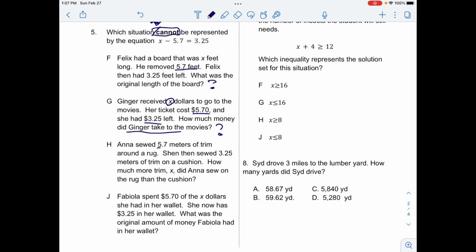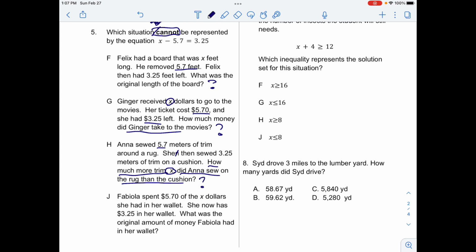Anna sewed 5 7/10 meters of trim around the rug. She then sewed 3 25/100 meters of trim on a cushion. How much more trim X did Anna sew on the rug than the cushion? All right, so let's put a question mark there.